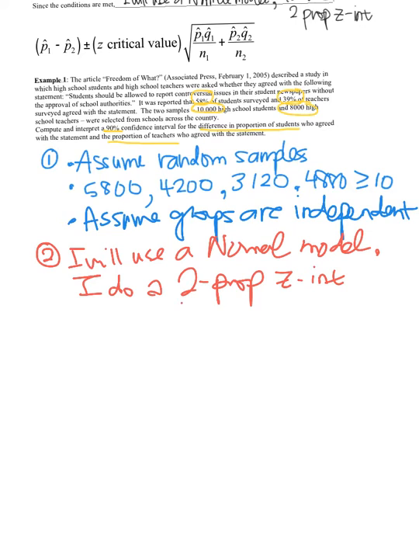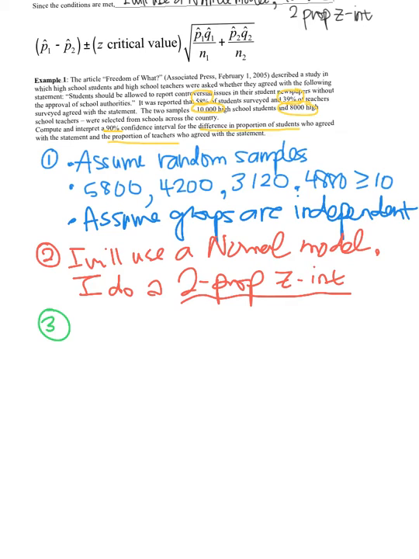Okay. And next we're going to do that calculation. So go to your calculators, go to Stat, Tests, and then find that 2-prop z int. And that should be letter B.